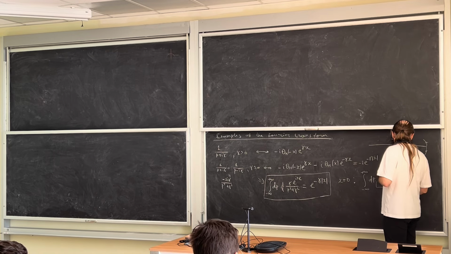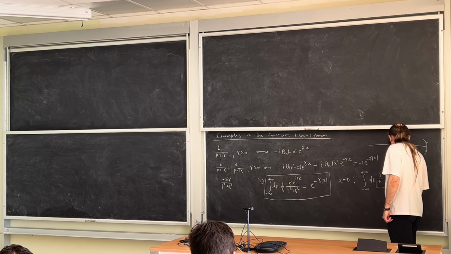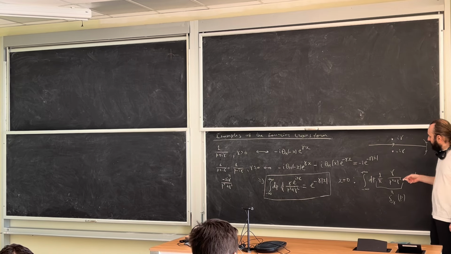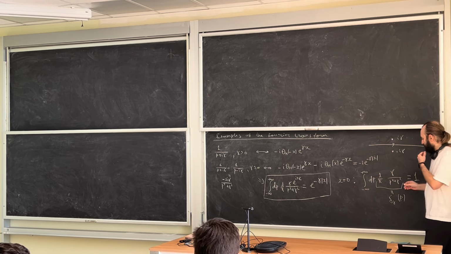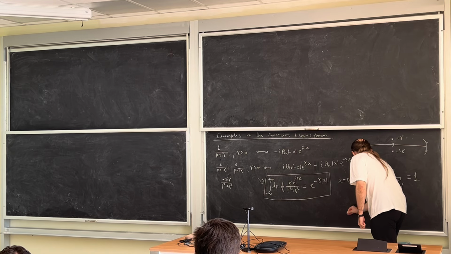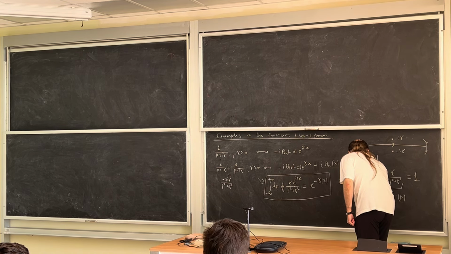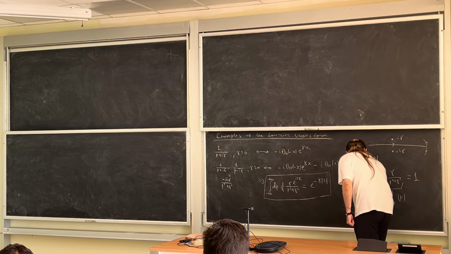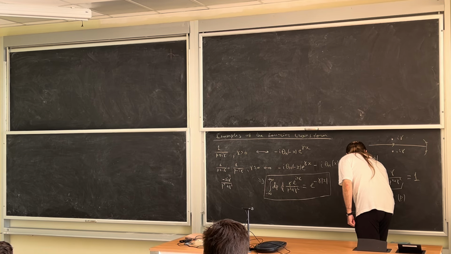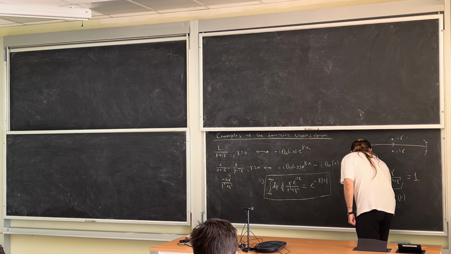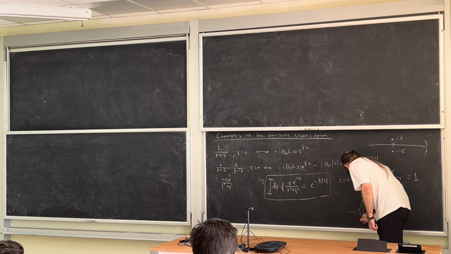So this is what we call the delta γ of p. So we can indeed check that the integral of this function equals 1. And this is a delta-like function in the sense that it has height of 1 over γ, its value at 0, and width of approximately γ.